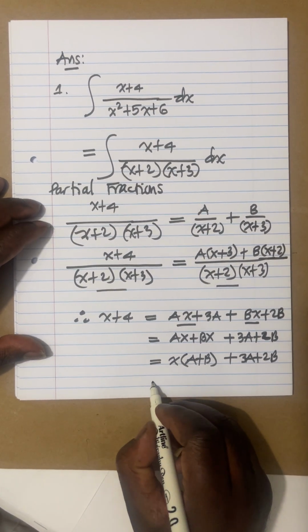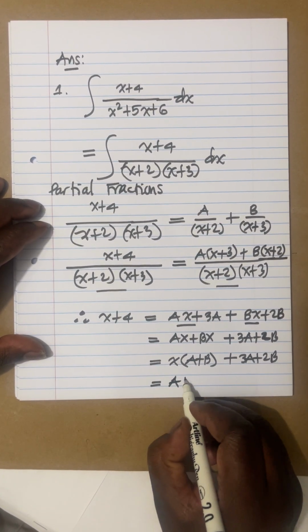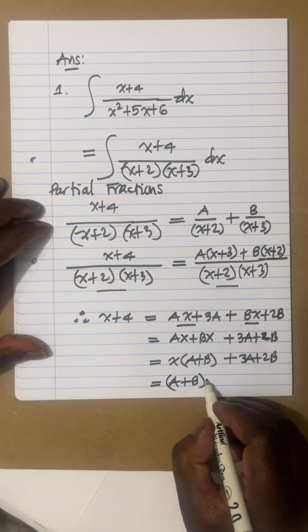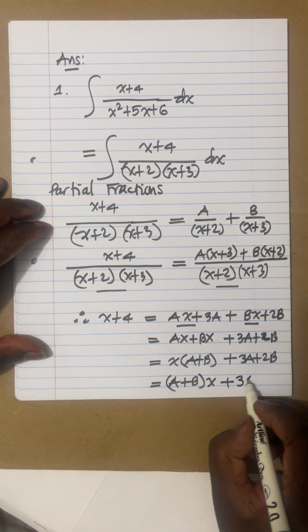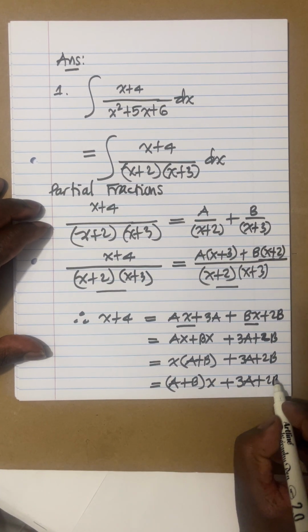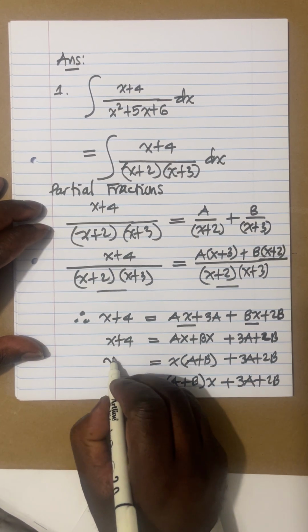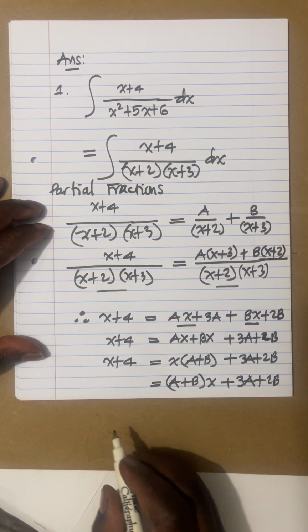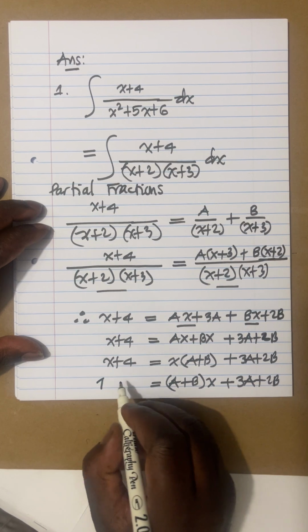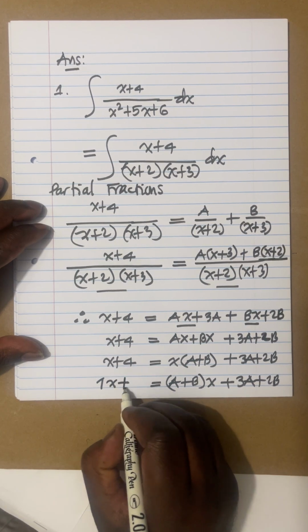So you're going to have A plus B times x, and then plus 3A plus 2B. What is this equal to? x plus 4. This is going to be equal to 1x plus 4.